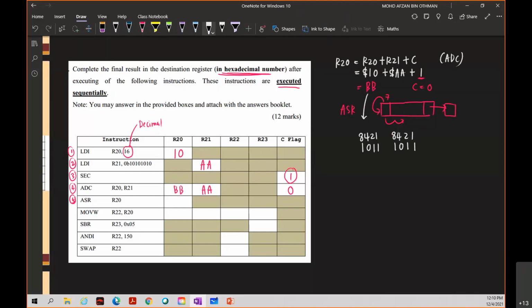And then you do the ASR. So this is a 1, 1, 0, 1, 1, 1, 0, 1, and the 1 goes to your C flag. And then you change back to hexadecimal. Then what is your answer here?